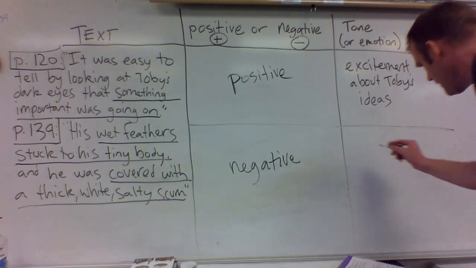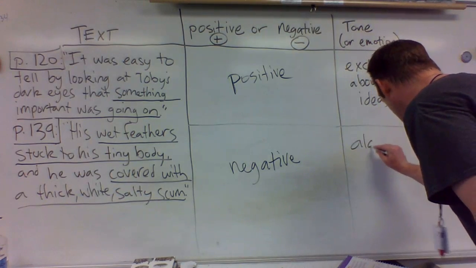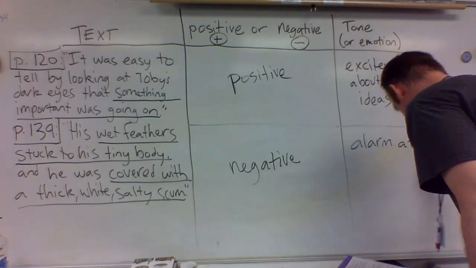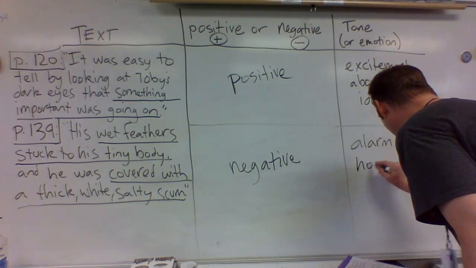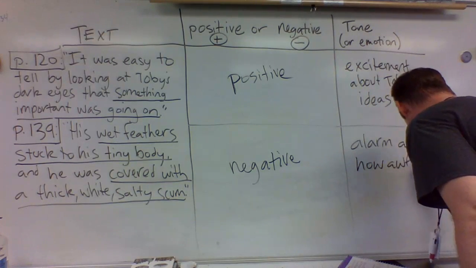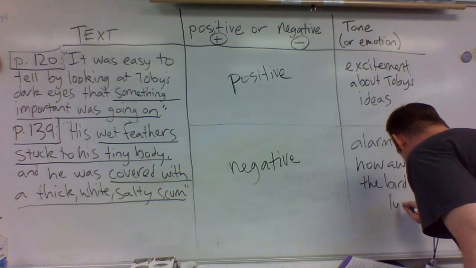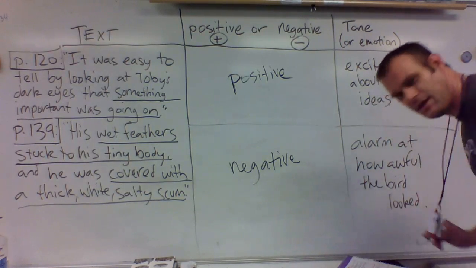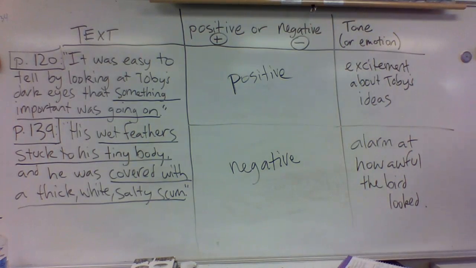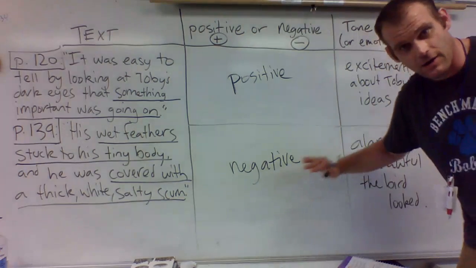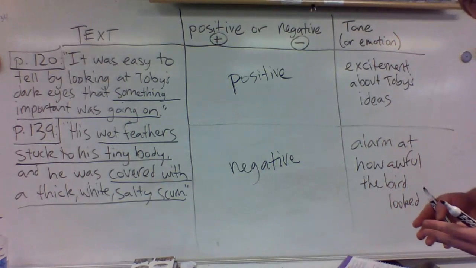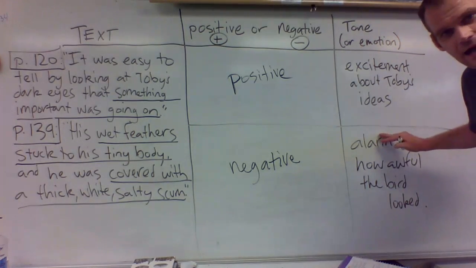So I would say just a sense of alarm at how awful the bird looked, right? Can you read all that? Yes. So this is just kind of, they're shocked. They are alarmed. They were not expecting this, okay? This is a sense of surprise.